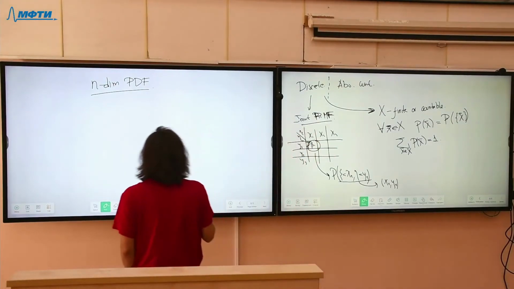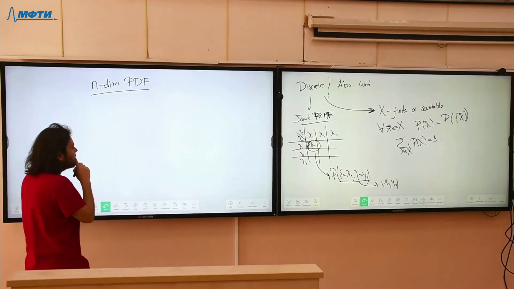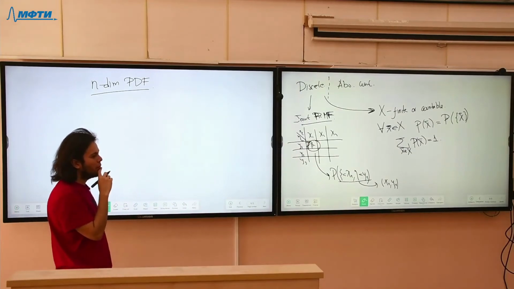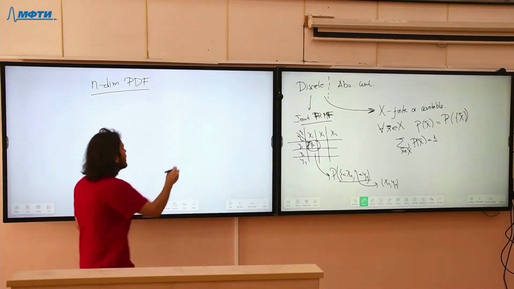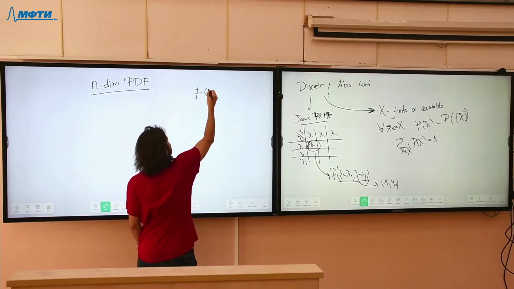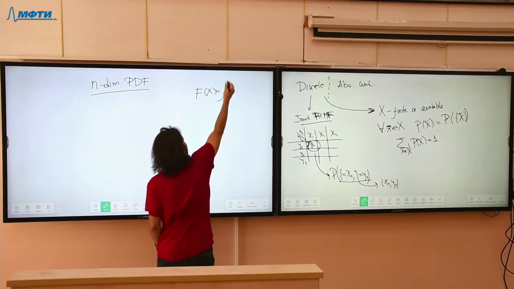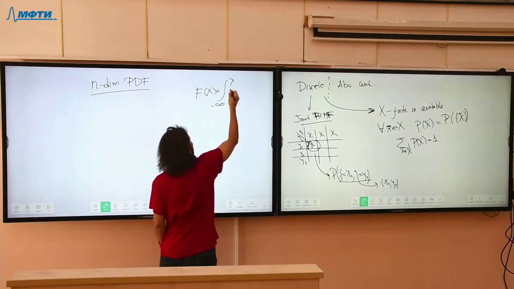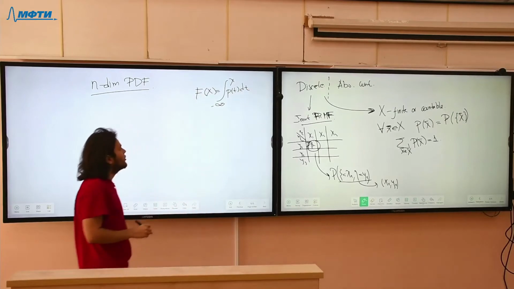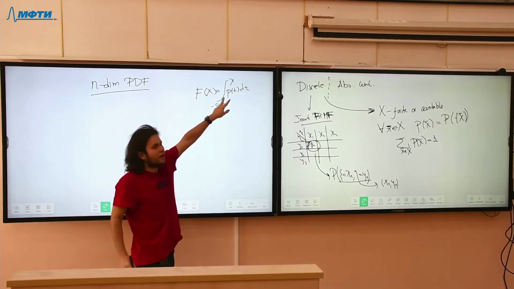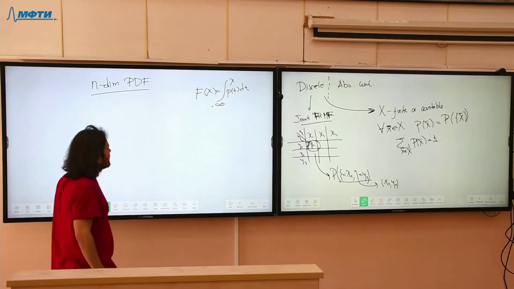That's the difference. So how did we define the PDF before? We defined that the PDF is a function such that the CDF is the integral from minus infinity to x of this function, and we say this function is called the PDF. Now this is exactly the same.